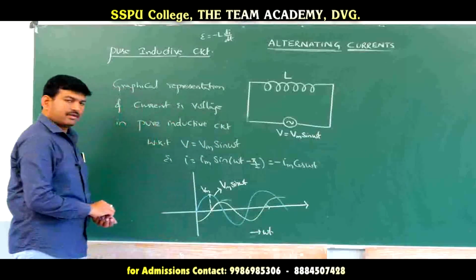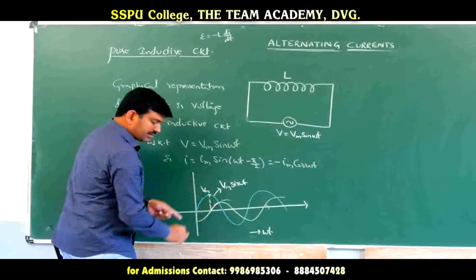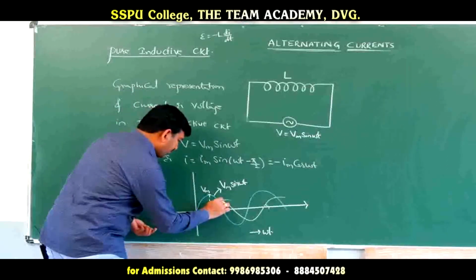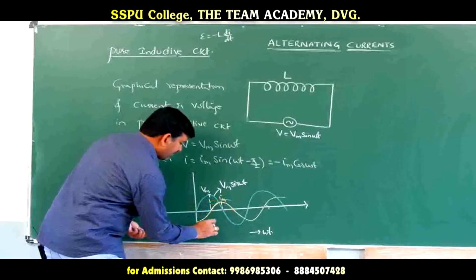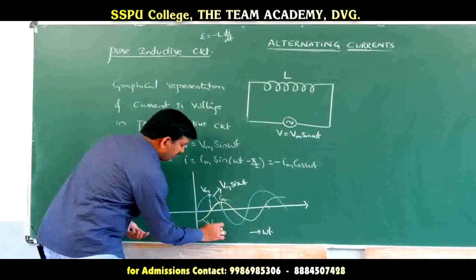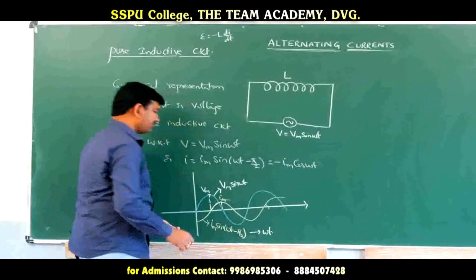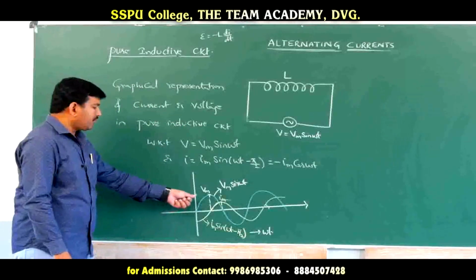Understood this clearly? So first voltage is moving and then current is following it. This is the peak value of current, I can take it as Im, and this is the current graph Im sin(omega t minus pi by 2). This is how current and voltage are varying periodically.